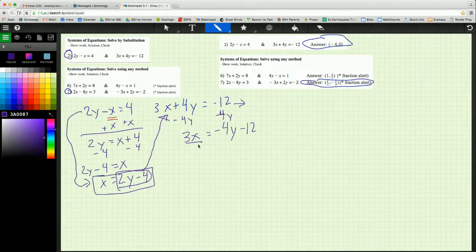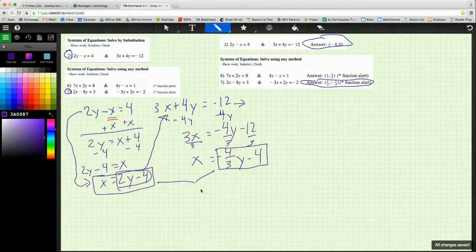And now we're going to divide both sides by 3, and we get x equals negative 4/3 y minus 4. Okay, and so now we can say, well, if x equals this and x equals this, then we can just set these two things equal to each other and then solve for y. So let's do that. So we've solved both sides for x.